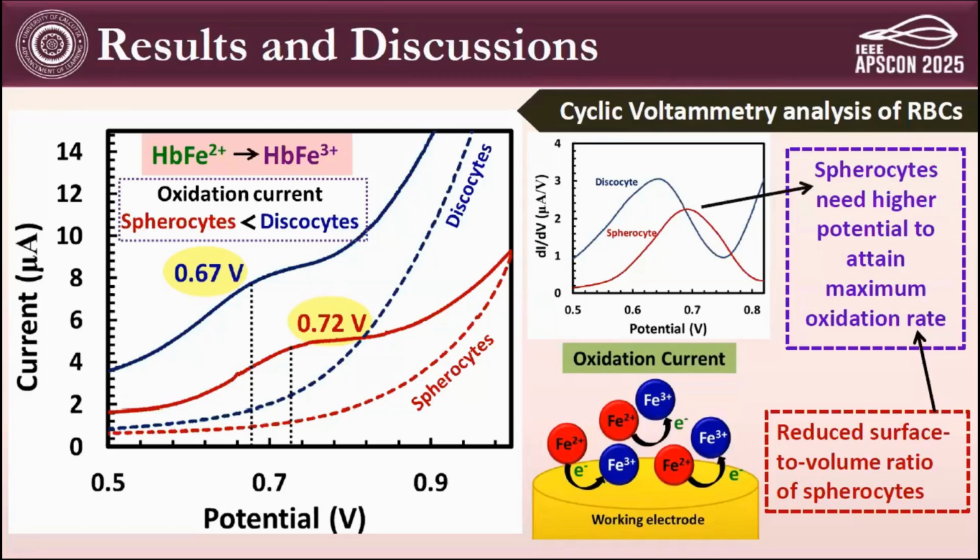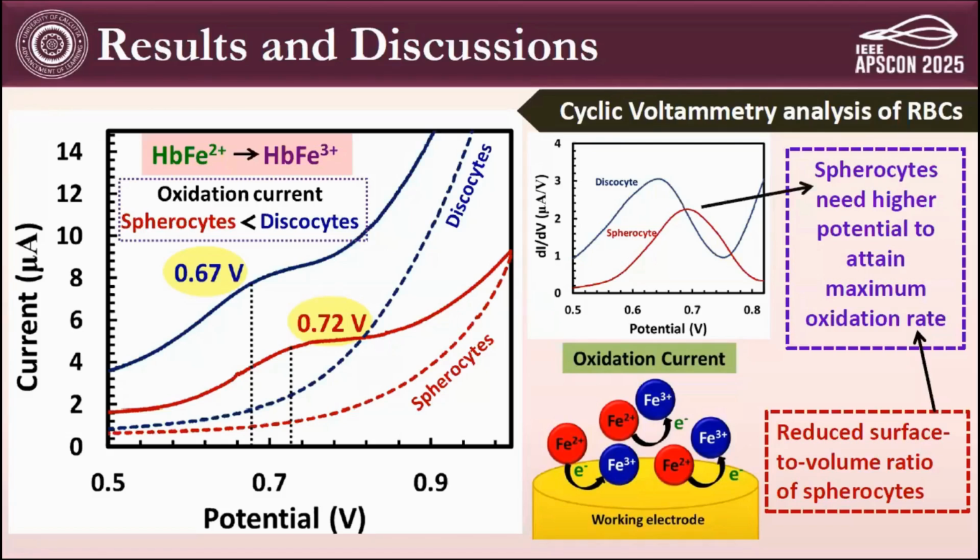Now, such current originates from the transformation of ferrous ions into ferric by releasing an electron at the working electrode. As discussed in the last slide, spherocytes contain a larger amount of methemoglobin, and hence the ferrous ions undergoing such oxidation are much reduced, leading to a lower oxidation current here.